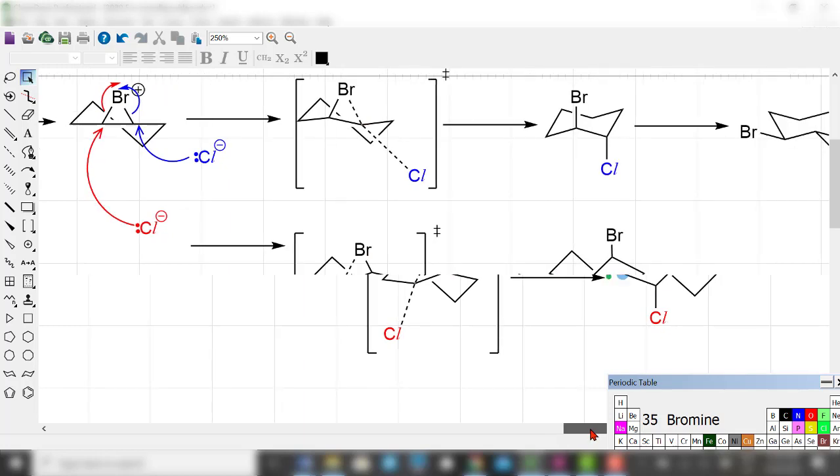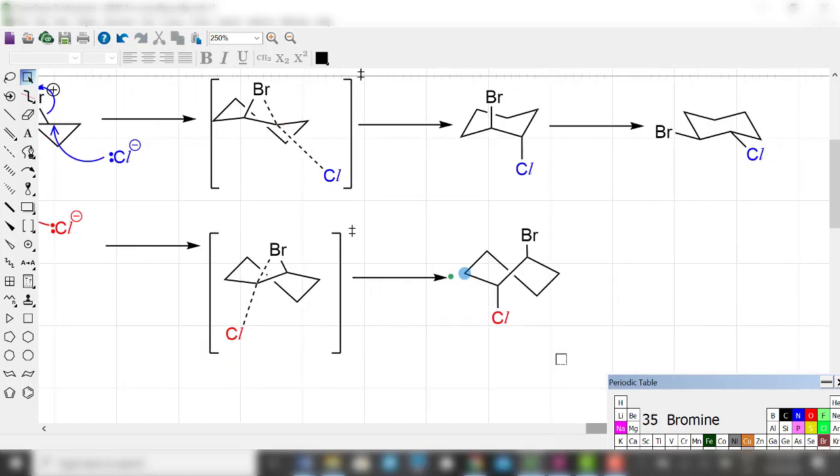Because at the end, you know that this is not stable, so it will undergo a quick ring flip. Just a super quick ring flip to something like this, with the BR over here, and then the CL over here. A very quick ring flip, you'll get that. And then you might be thinking that this is perfectly fine.